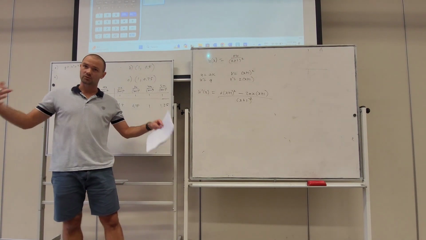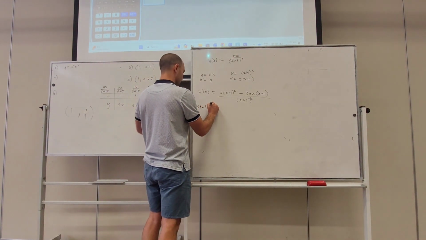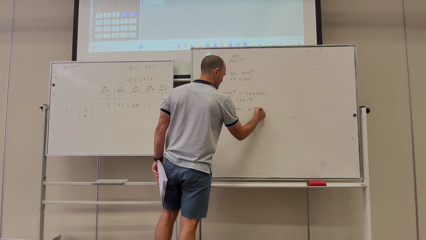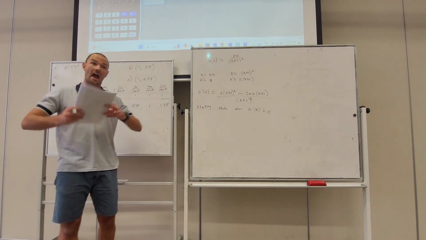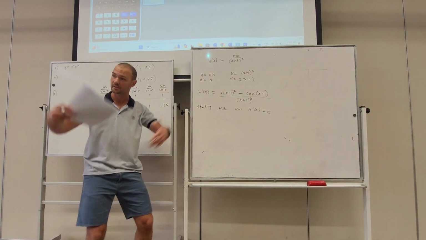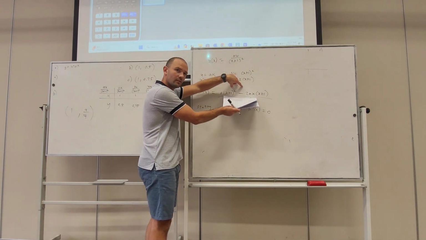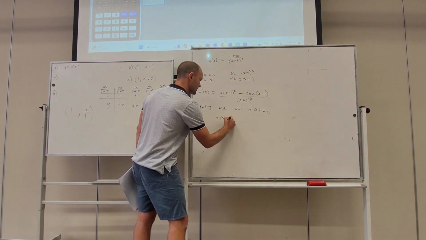We're interested in the stationary points, so stationary points occur when h dash of x equals 0. Because it's a rational function, we're only interested in the numerator. We just disregard that denominator. So we're interested in this equation here.